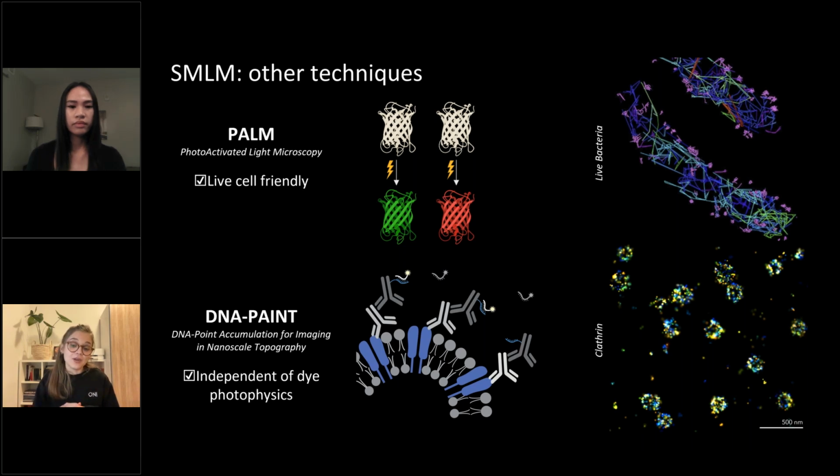You have one single strand of DNA on your structure of interest, for example, your secondary antibody, and then a second complementary strand with the fluorophore, which binds and unbinds to your target strand. Once it binds, we are able to detect it. When it unbinds, because of DNA hybridization, we are not able to detect it anymore. And here we have this example of clathrin pits.